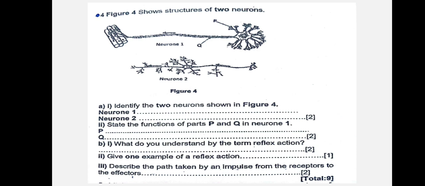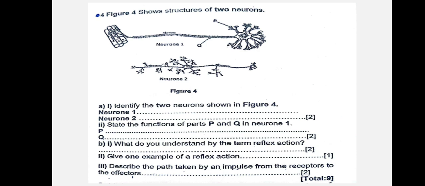Okay, so now what is neuron 1 and neuron 2? So the thing is, for you to know neuron 1 and neuron 2, you need to have knowledge about three types of neurons. We have sensory neuron, we have motor neuron, and we have the relay neuron.